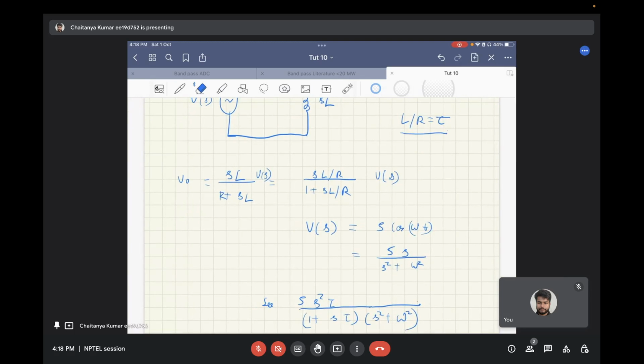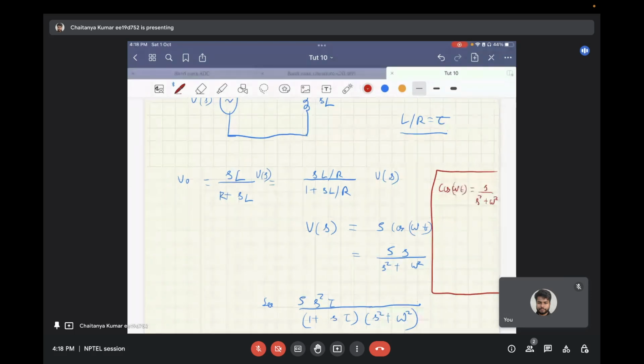Now, another important Laplace transform pair that you need to keep in mind is that the Laplace transform of cos omega t is s upon s square plus omega square, and sine omega t Laplace transform is omega upon s square plus omega square.